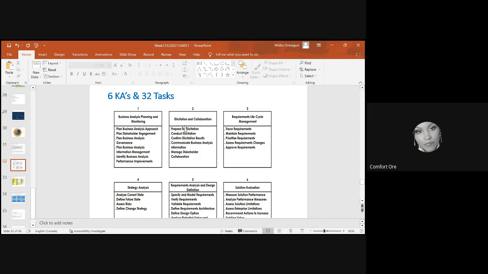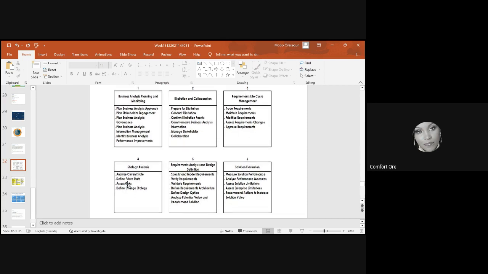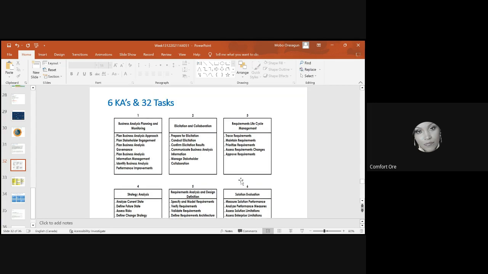The elicitation and collaboration has, again, 5. The requirements lifecycle management has 5. The strategy analysis has 4. The requirement analysis and design definition has 6. The solution evaluation has 5.